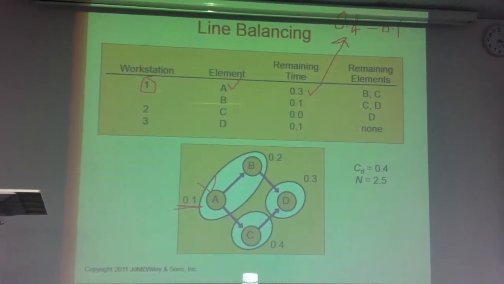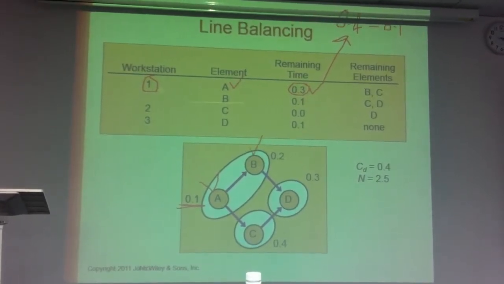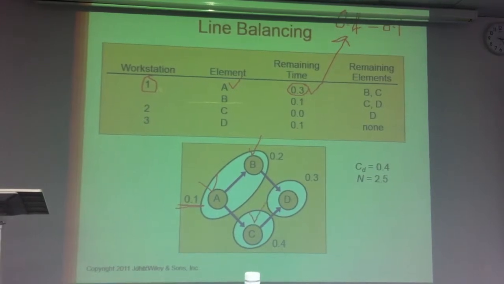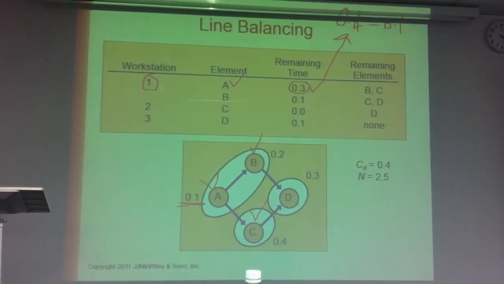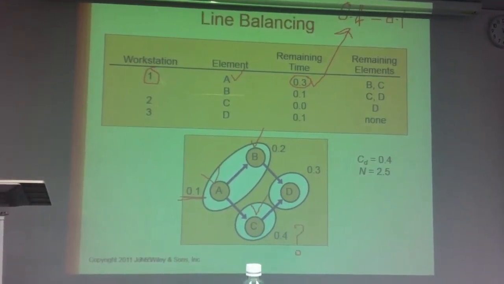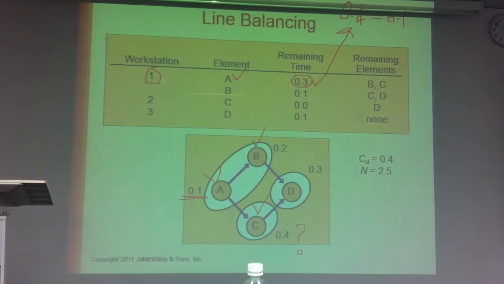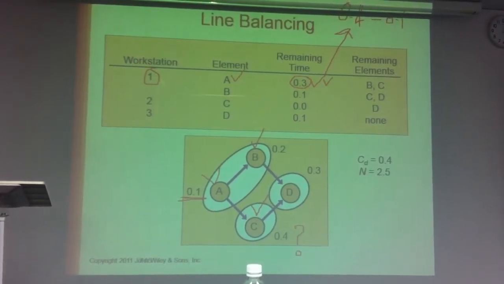Because you have 0.3 time, we can do B or we can do C. We just follow the arrow. But can we do C? No, because C needs 0.4, but we only have 0.3 time left. Therefore, we do B.